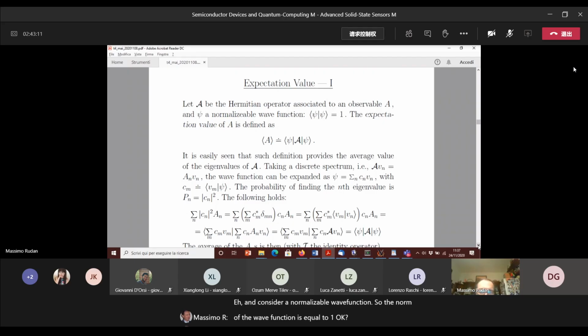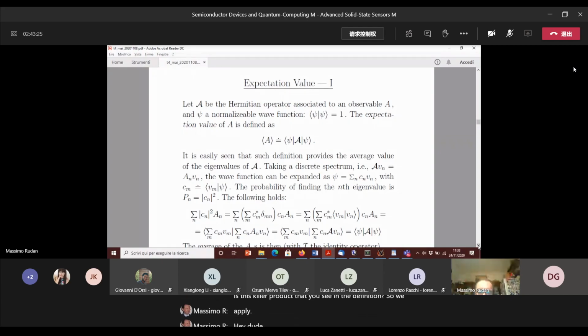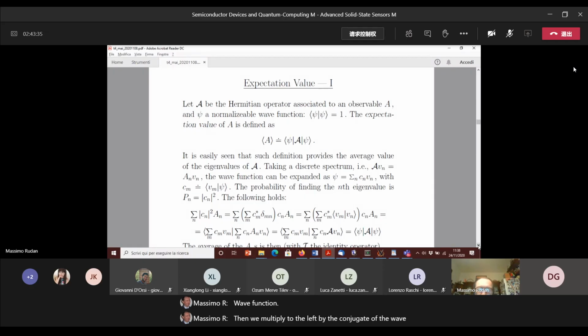Then by definition, the expectation value of the observable is the scalar product that you see in the definition. So we apply A to the wave function, then we multiply to the left by the conjugate of the wave function, and then integrate over the space. Since A is Hermitian, we can indicate this operation with 2 bars.